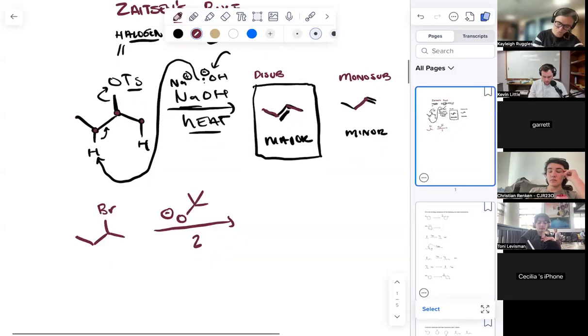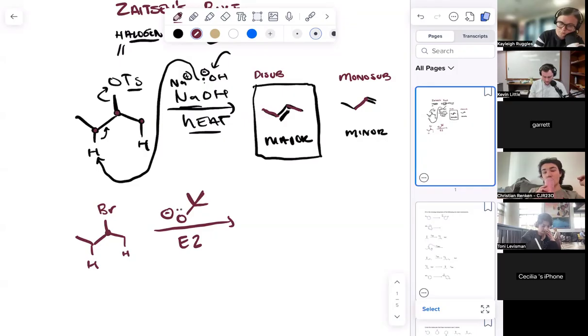It's very bulky, so that means I'm going to get an E2. Bulky bases do E2s. This big guy would have trouble getting into that carbon. So in this case, he takes this hydrogen. He forms, this would be the major product.